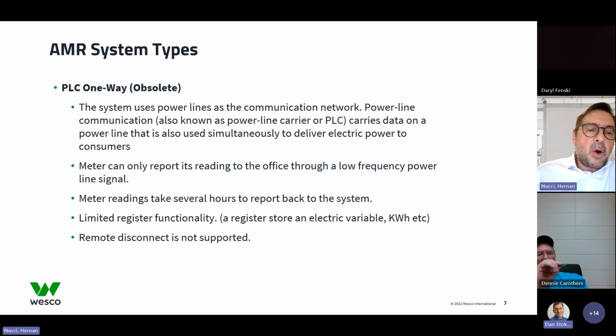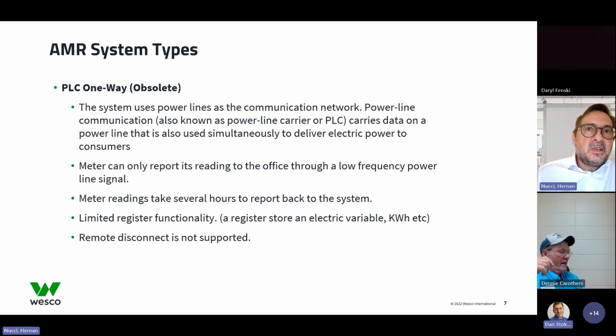One of the first, that is now obsolete, and probably this is the only technology that is really obsolete, is power line carrier one-way. The system uses the electric cables as the communication network, and it's a low frequency waveform embedded in the cables.